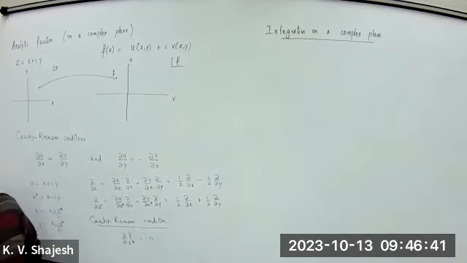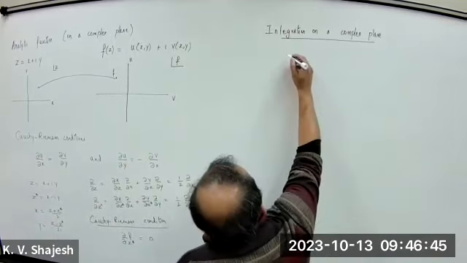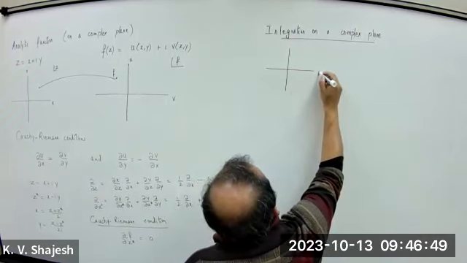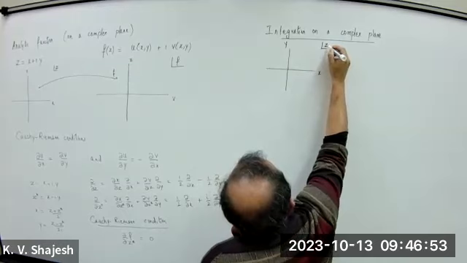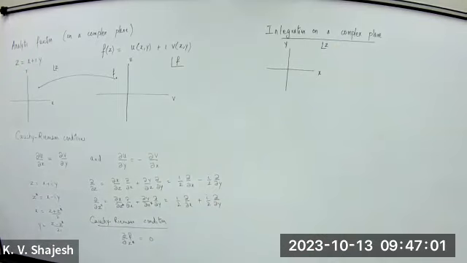What we would like to do is, if you have a complex plane, x and y, and if we are doing one-dimensional integration with respect to one variable, the limits are very easy to put in.